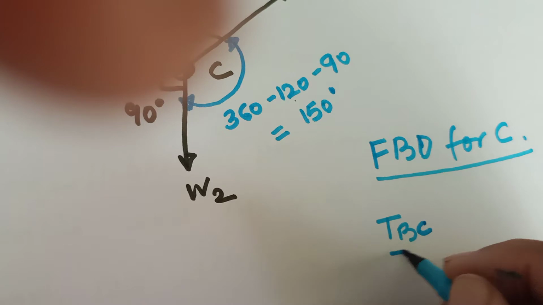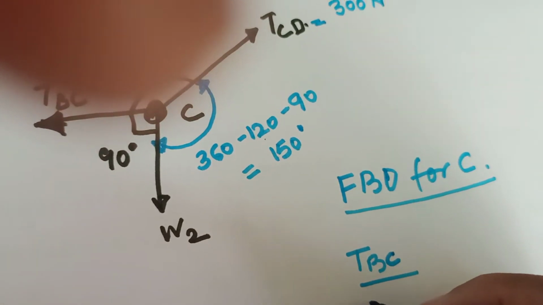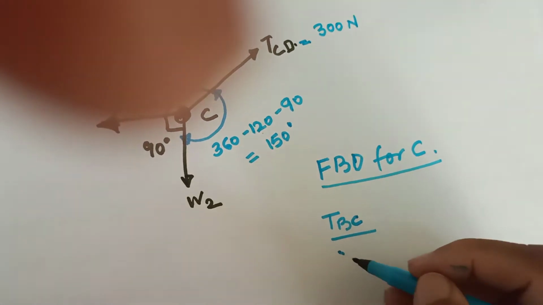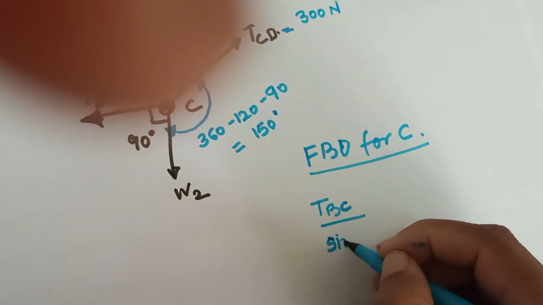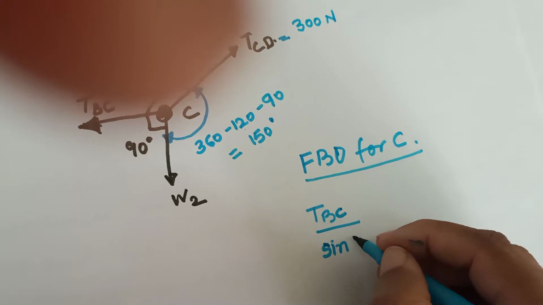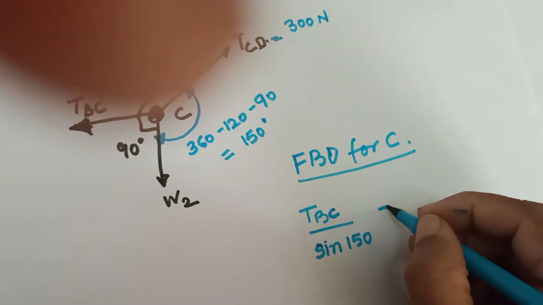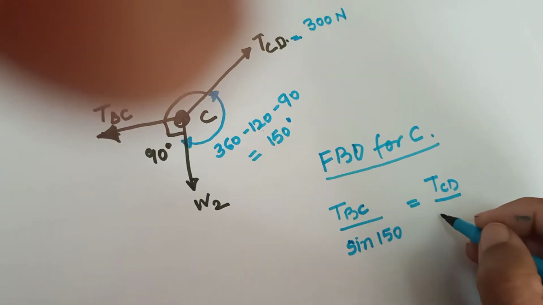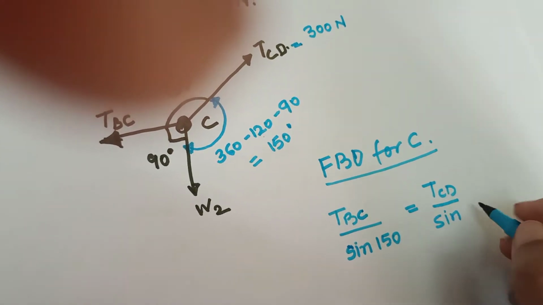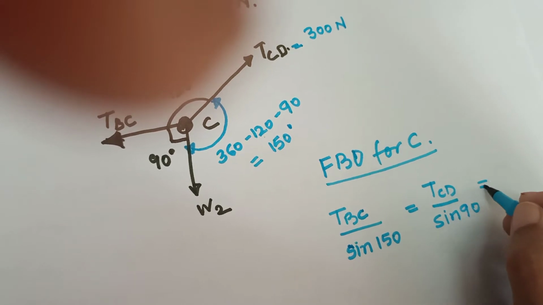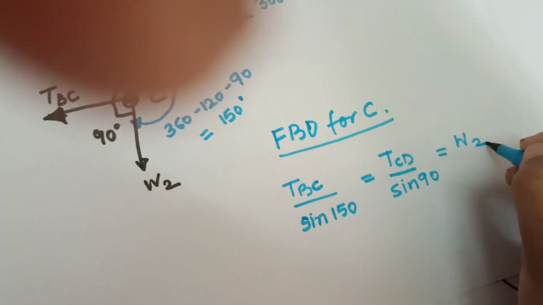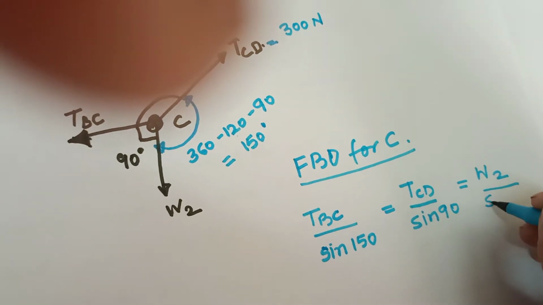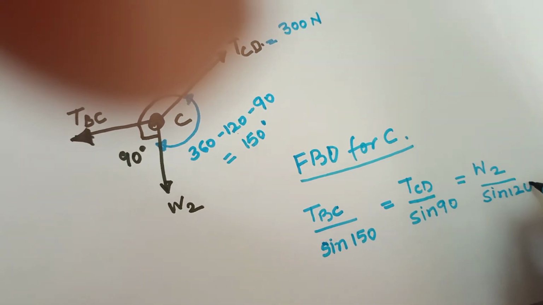the sine of angle formed by other two forces. Okay, so sine 150 is equal to TCD upon sine 90 is equal to W2 upon sine 120.